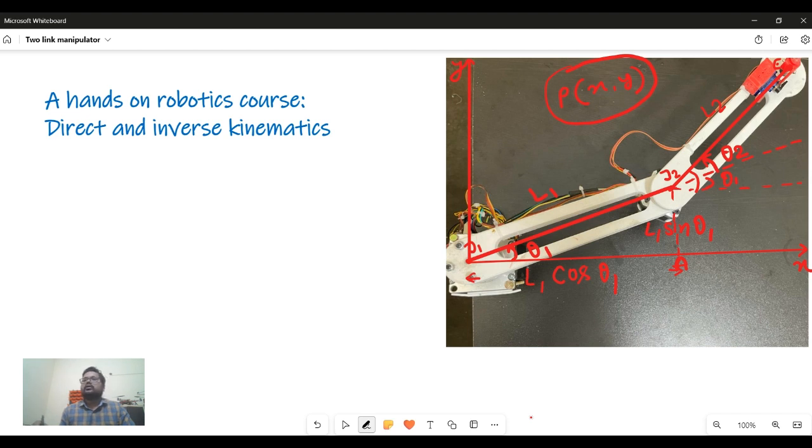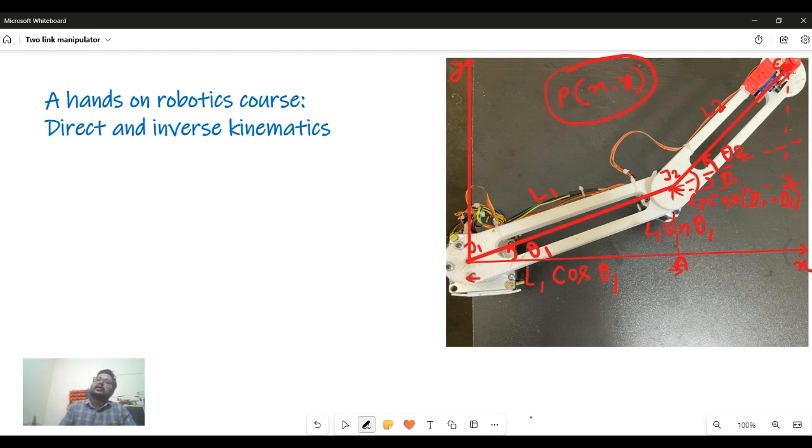The projected length of L2 over the x-axis will be L2 cos of theta 1 plus theta 2.